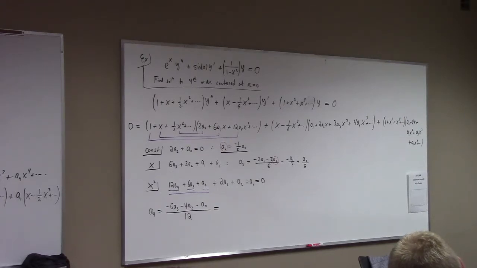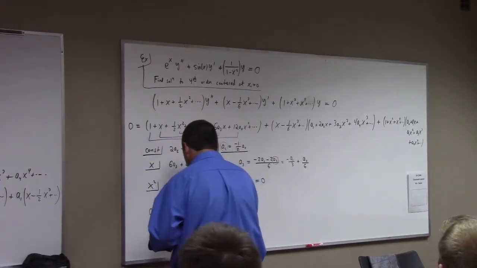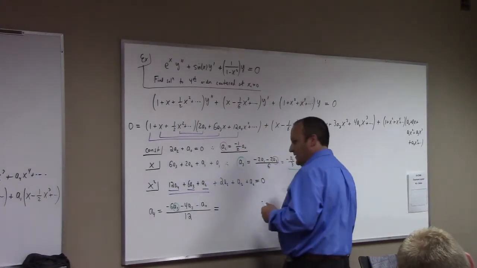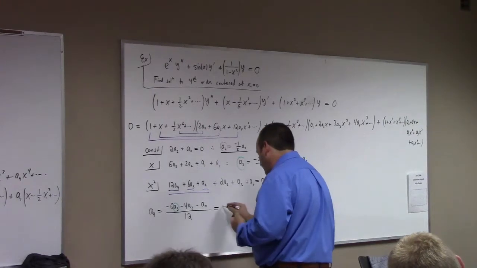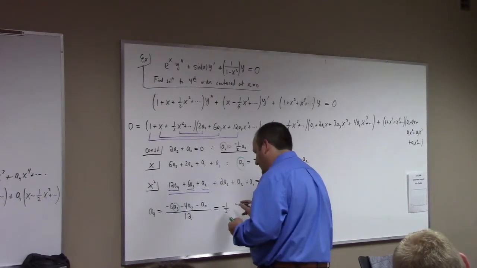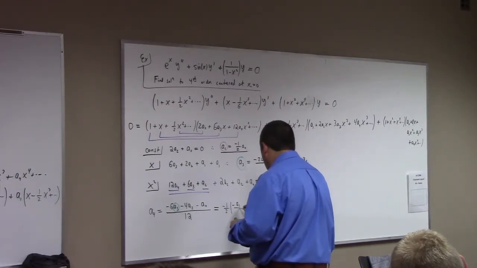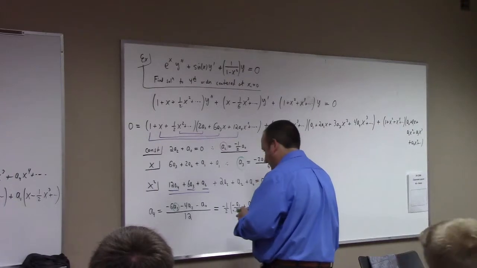The proper answer here. So we already know what a sub 3 is, right? We've got this nice relation up here. So we got to put that in there. So we've got minus 1/2 of a sub 3, but a sub 3 is minus a sub 1 over 3 plus a sub naught over 6 from the green.